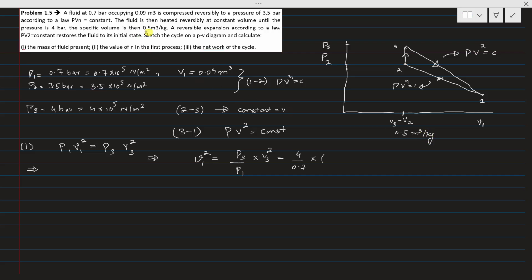Here you can see in the statement. So in terms of v3 write 0.5. Now solve this on the calculator. You will get the specific volume v1. Take the square root on both sides.